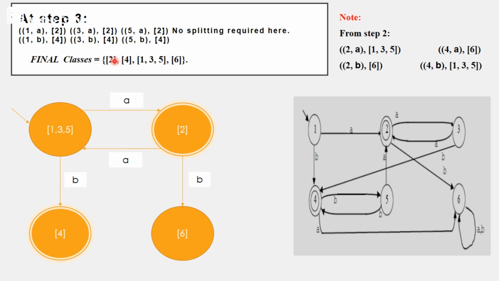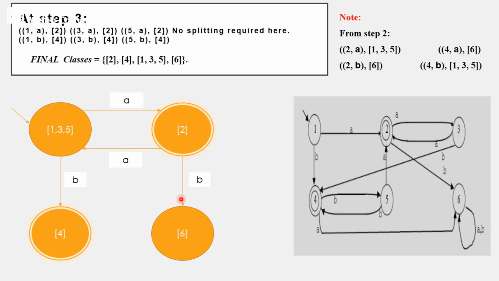It's always better if you write all these classes as states and then try to draw. So 2 on B is 6. For 2, it is done on input A and on input B. Now remember, in a deterministic machine each state must go through all the alphabet characters.